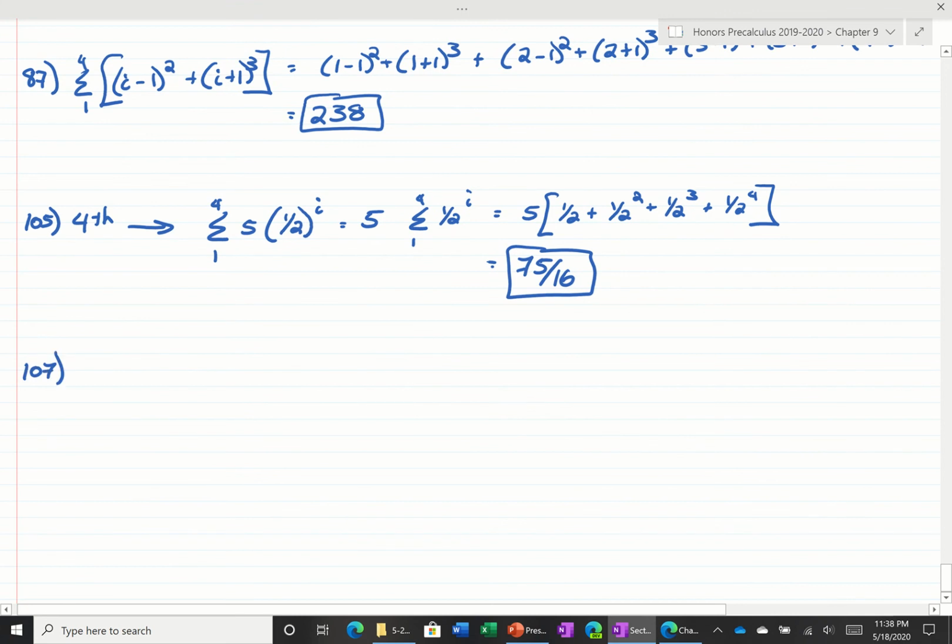For number 107, we have the third partial sum.